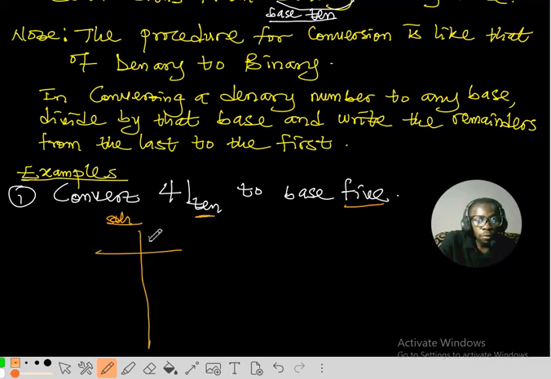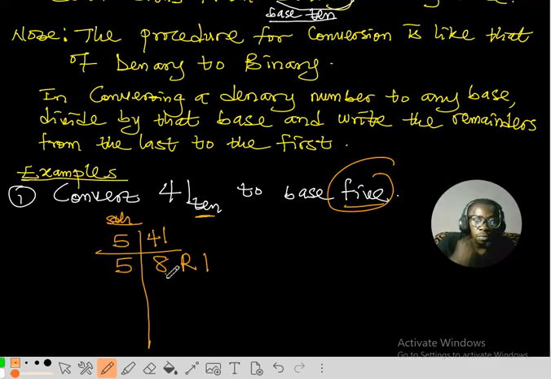So at this point, pick this number again. We are working with 41 base 10 and dividing it by what? Base 5. So how many times will you see 5 in 41? 5 times 7 gives 35. 5 times 8 gives 40. So 40, remaining what? 1. Then divide by 5 again. How many times will you pick out 5 from 8? Once, remaining 3. Divide by 5 again.